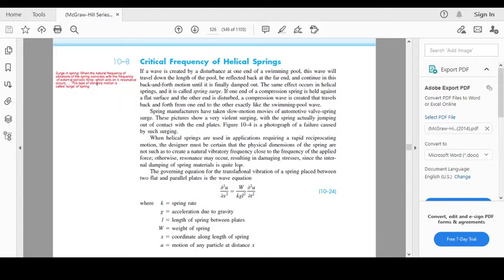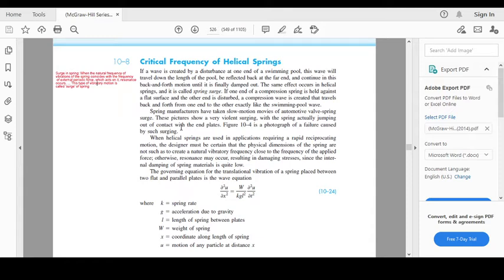What happens? Your spring may break away. If that spring breaks away, you will get damage and everything. You become hurt, have an accident and everything. That's why the spring must avoid the critical frequency.